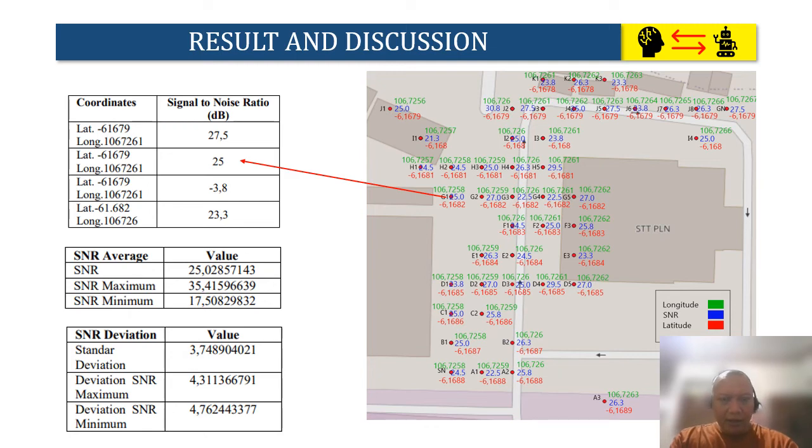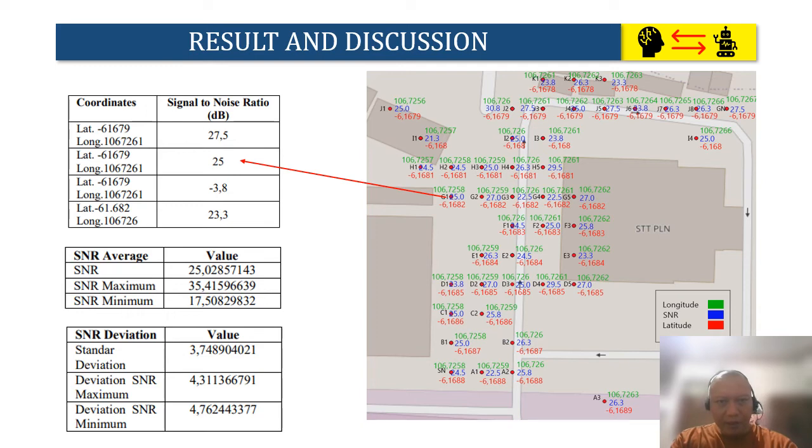And then we collect all the data from these points, and we got the average of the real SNR value, which is 25.0285714.